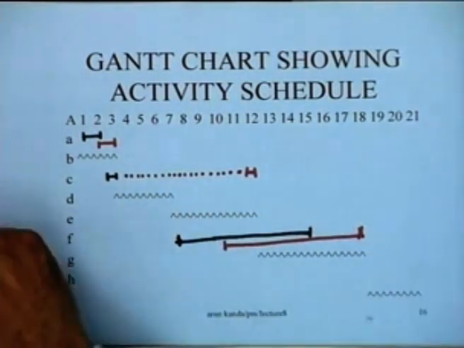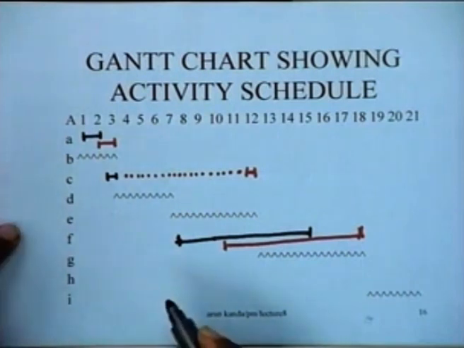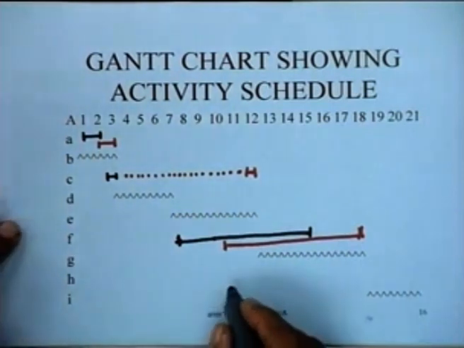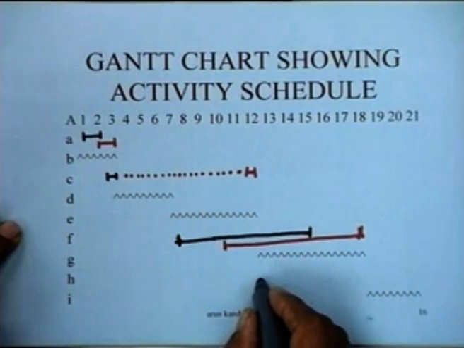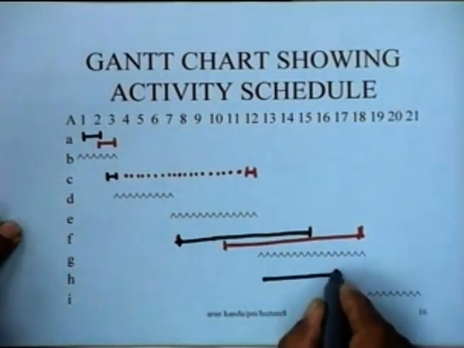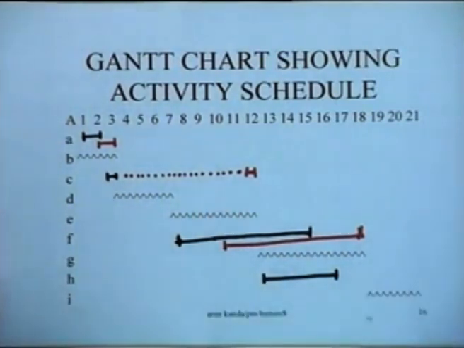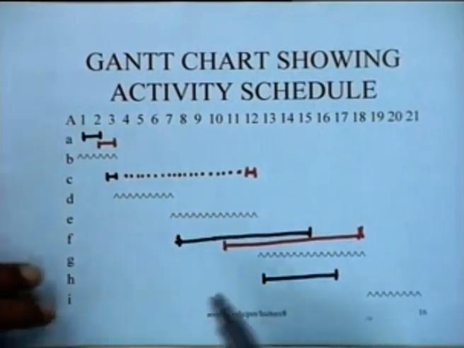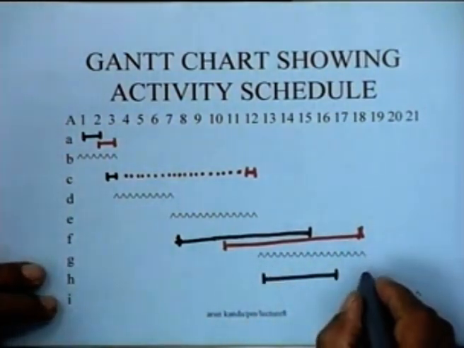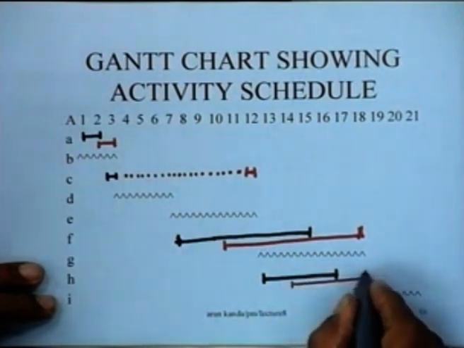Similarly, if we look at the other activity H, it can be done from period 12 to 16. That is the early start schedule for this particular activity, or the late start schedule for this particular activity can be going on up to period 18 and from here, something like this.